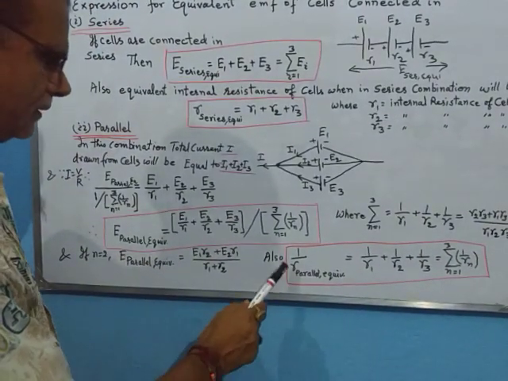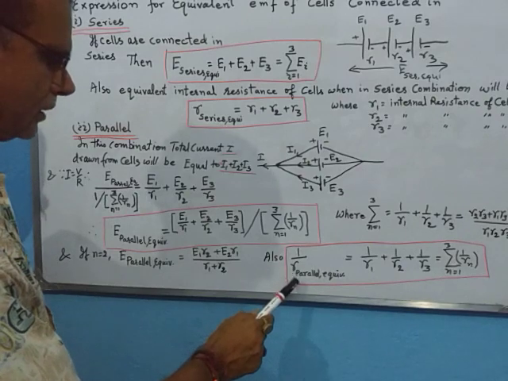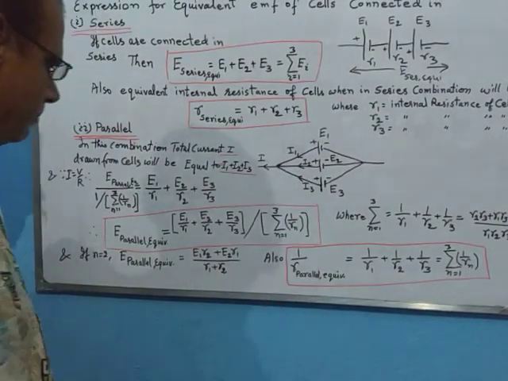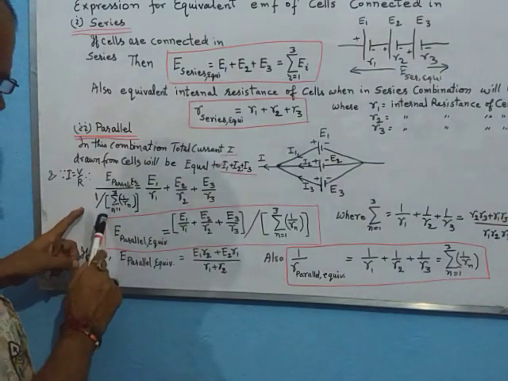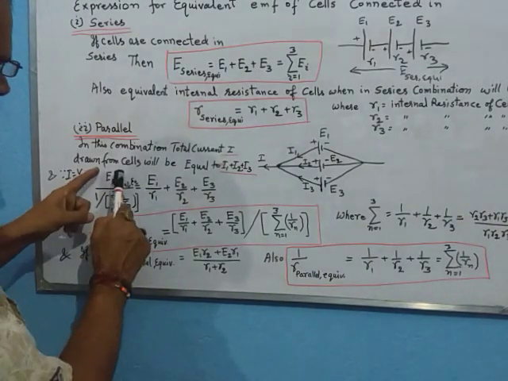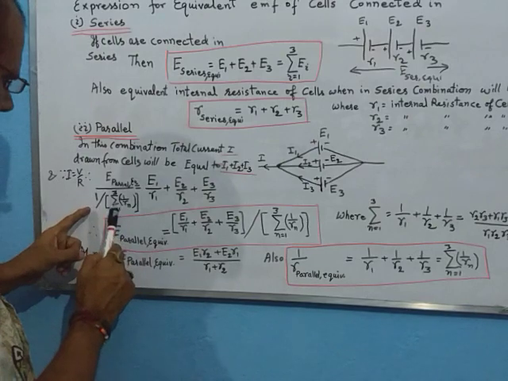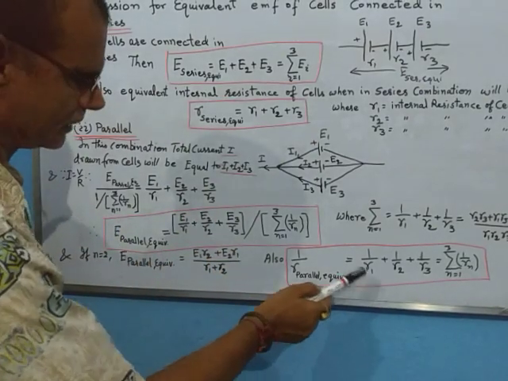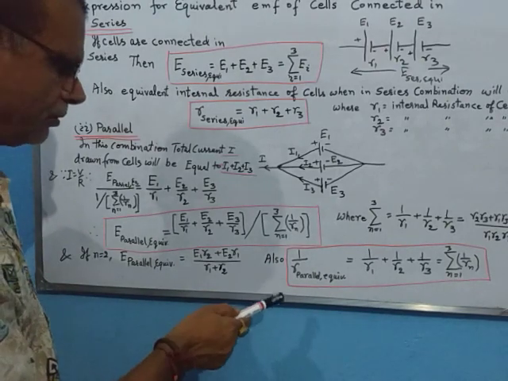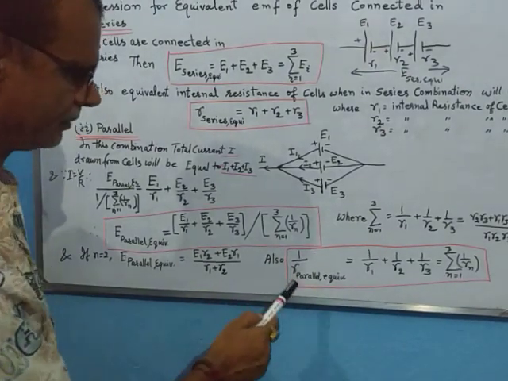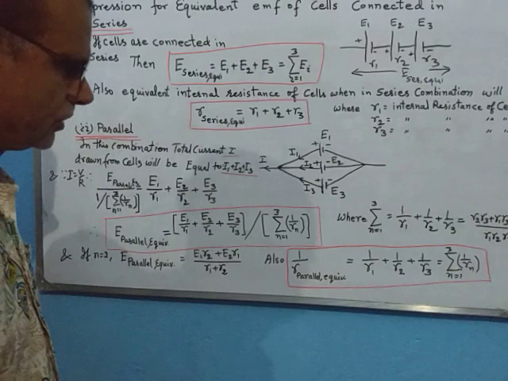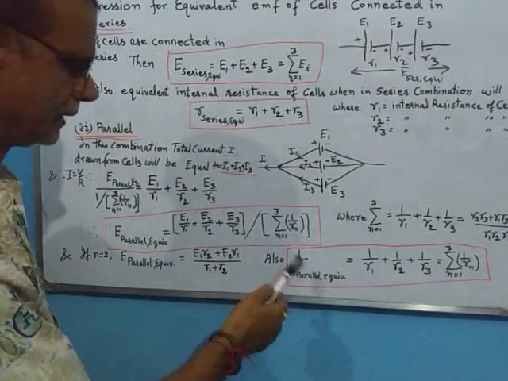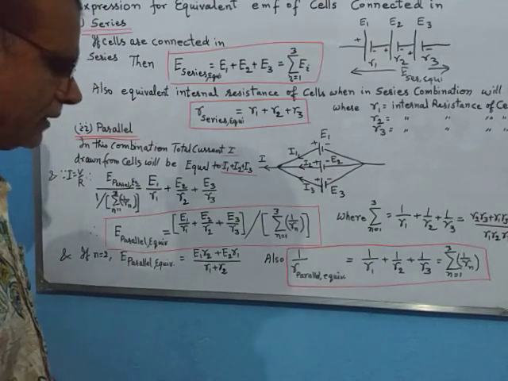This gives the reciprocal of the equivalent resistance, so that further reciprocated will give the equivalent internal resistance of the parallel combination of the cells.